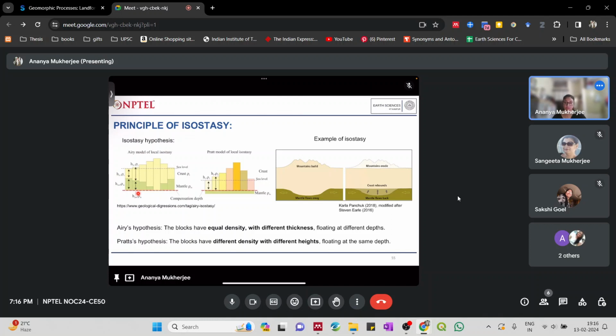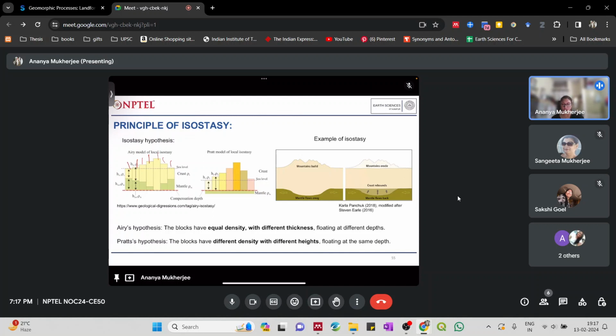The assumption that was made was that the blocks, each of these are lithospheric blocks. All these columns that we see are different lithospheric blocks or land masses. Now what Airy's hypothesis said is that each of these blocks have equal density but different thickness.